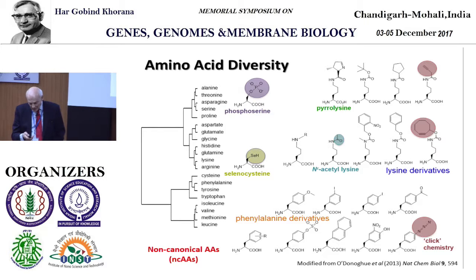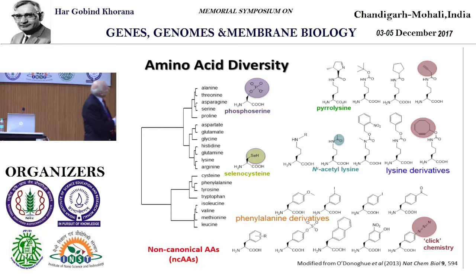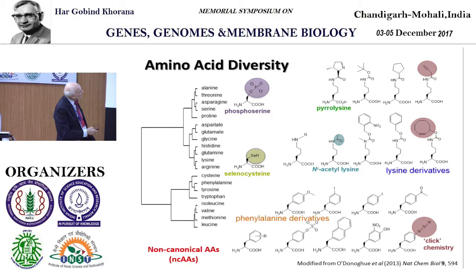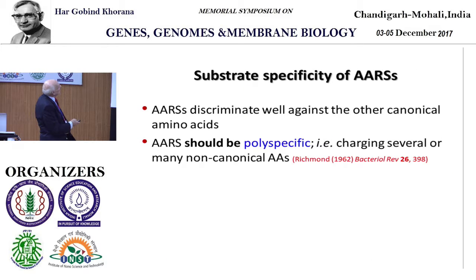Whether this is true or not, I do not know. So in any case, this is simply some of the amino acids we are going to discuss very briefly. Cysteine. We discussed pyrrolysine, that will put these analogs on the tRNA, but this is the amino acid diversity.